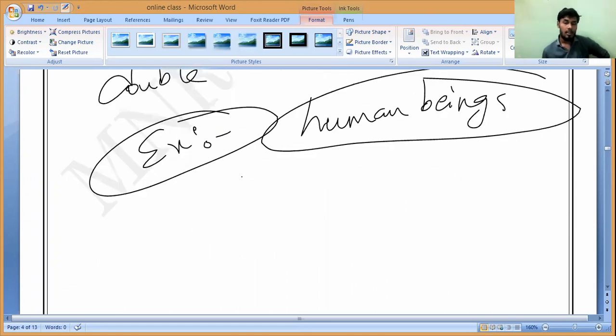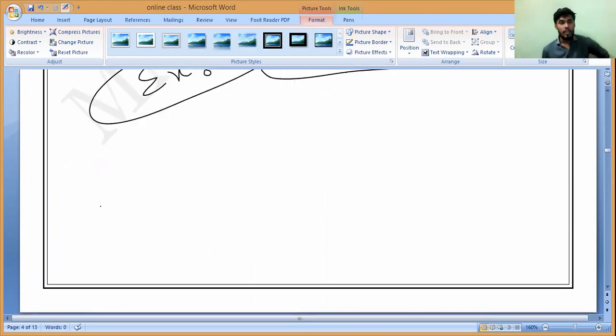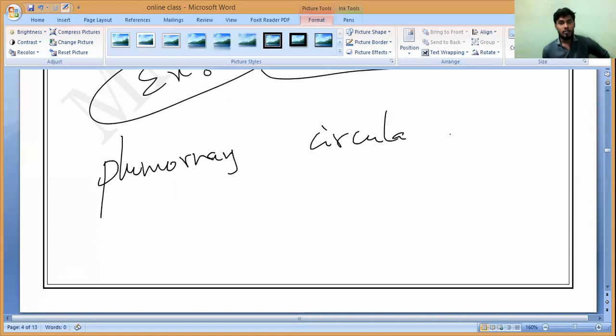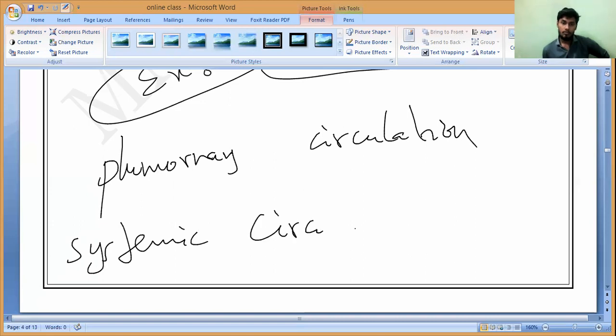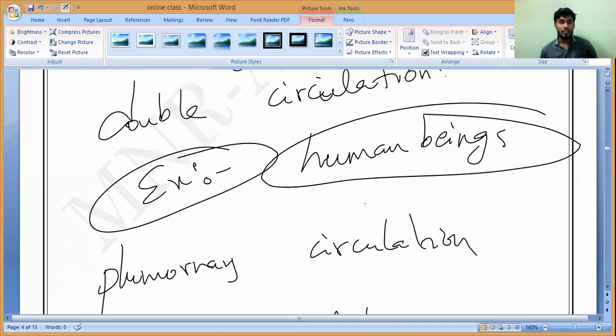Next, pulmonary circulation. Pulmonary circulation means from where to where? Heart to lungs and lungs to heart.